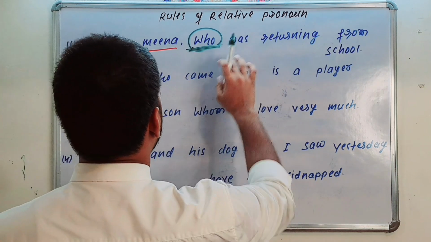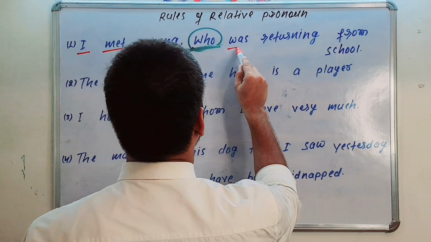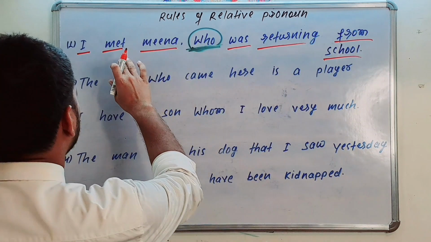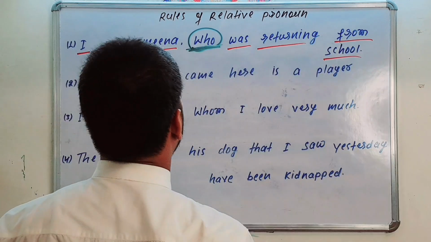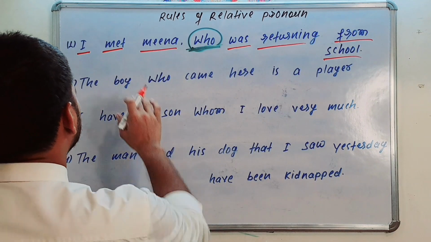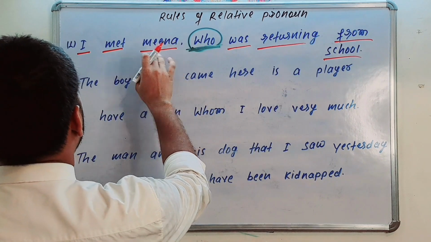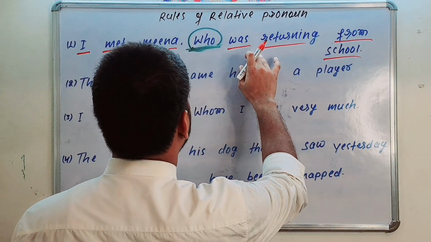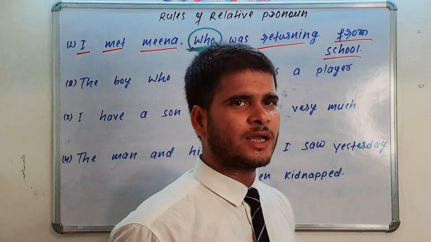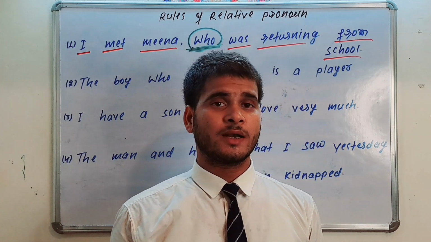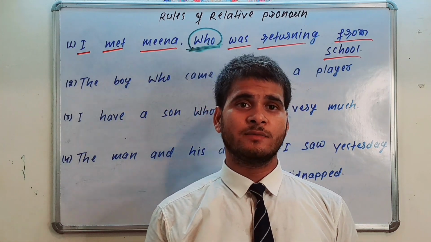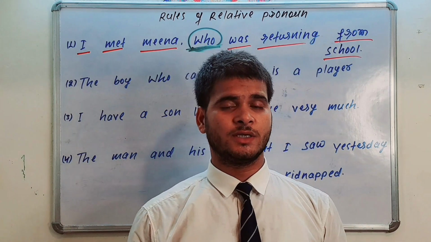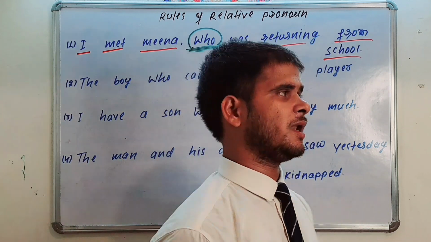Here, I met Veena is the coordinate clause, and who was returning from school is the subordinate clause. So as I told you, a relative pronoun works as a connector between two clauses. The clauses may be either coordinate or subordinate.